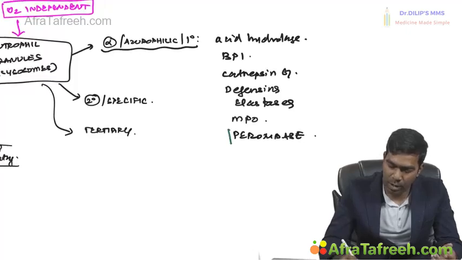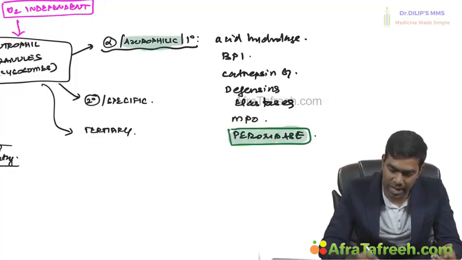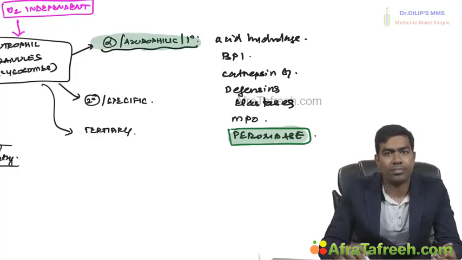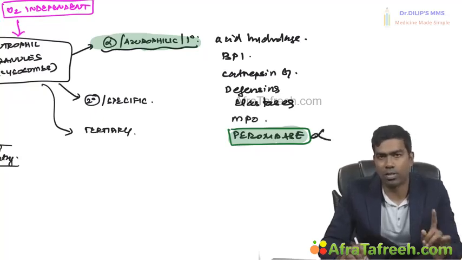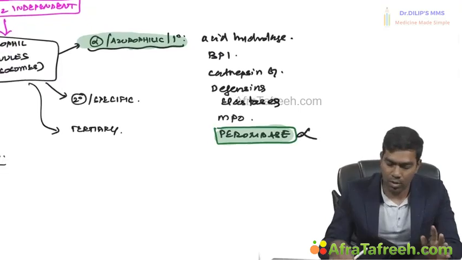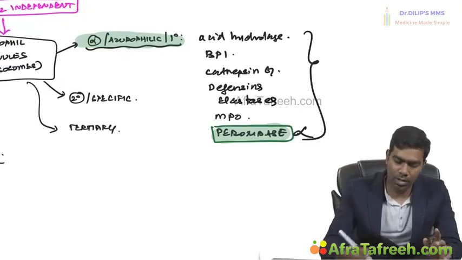Remember, this peroxidase differentiates the azurophilic granules from other lysosomes, because other lysosomes usually do not contain peroxidase. Only azurophilic granules will contain the peroxidase enzyme. So that is very important.